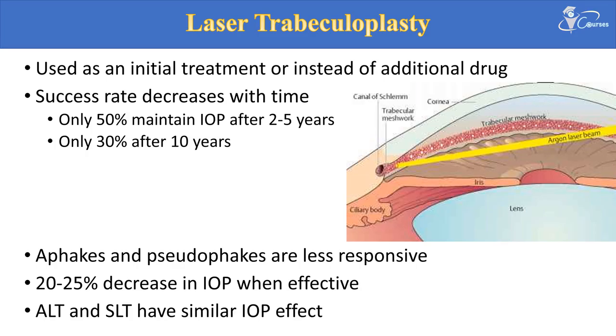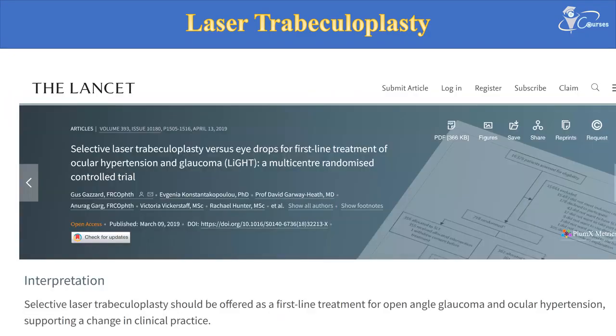Regarding argon laser trabeculoplasty and selective laser trabeculoplasty, they have a similar intraocular pressure effect. There is another important trial that was asked before in the advanced exams. It's called the LIGHT study, selective laser trabeculoplasty versus eye drops for first-line treatment of ocular hypertension and glaucoma. It is a multi-center randomized clinical trial published in The Lancet.